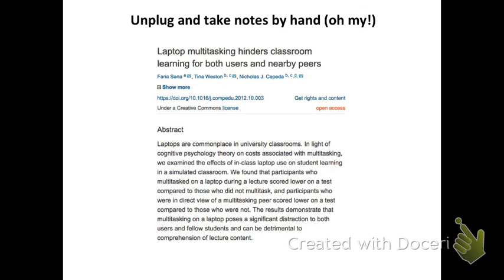Even though you think you're the master of multitasking, there's a very likely chance that you actually are not as good as you think you are. This decision is yours, but it is scientifically shown over and over again that it's not very good for learning. So if you dare to unplug, put away your stuff, pick a piece of paper and actually take notes by hand, right? Maybe you'll also do better in the class.